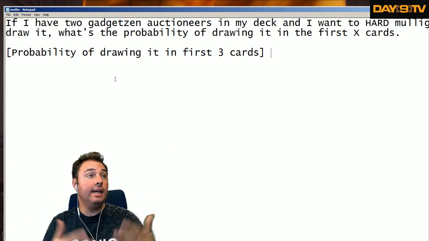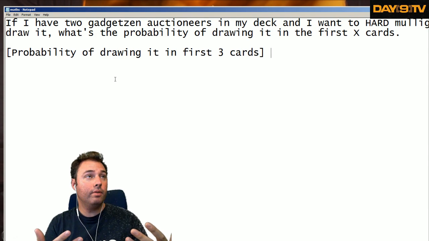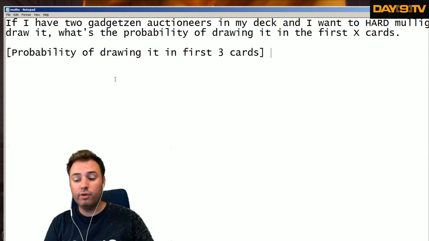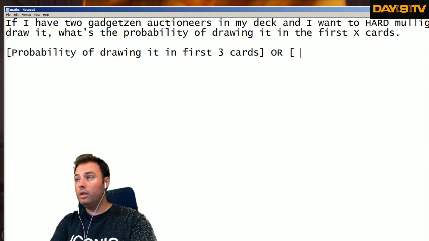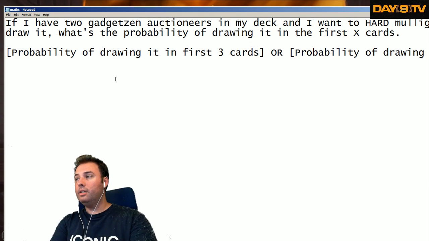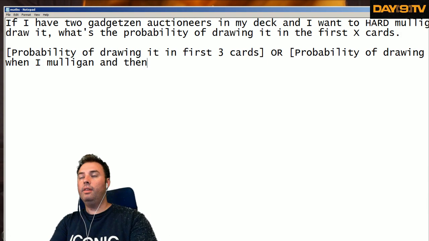I'm instantly done. So I can compute the probability of drawing it in the first three cards, or the probability of drawing it when I mulligan and then just draw normally. Or mulligan and try to draw it.